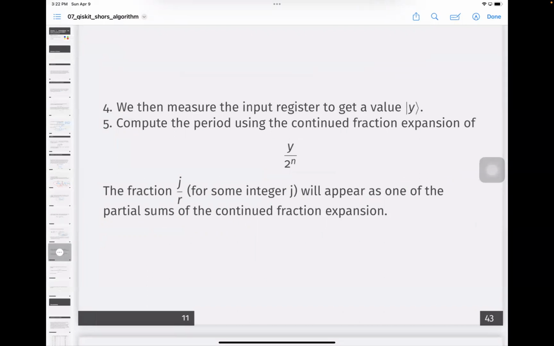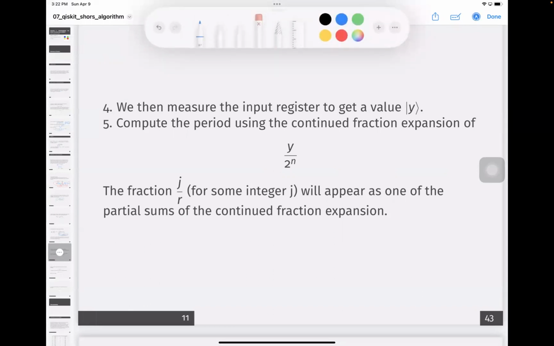Once you get whatever is the value of y, you just have to compute the continued fraction expansion of y over 2 to the n. And then eventually you will get a fraction j over r, which will appear as one of the partial sums of the continued fraction expansion. We covered this continued fraction expansion in one of the lectures. You can go back to that lecture and review it.